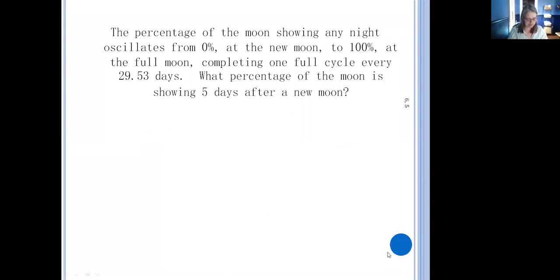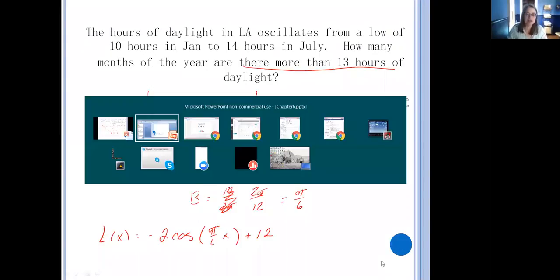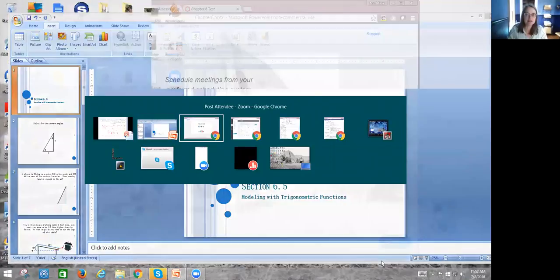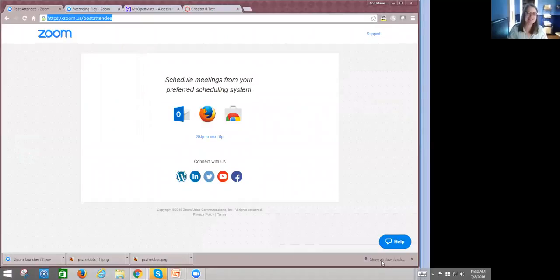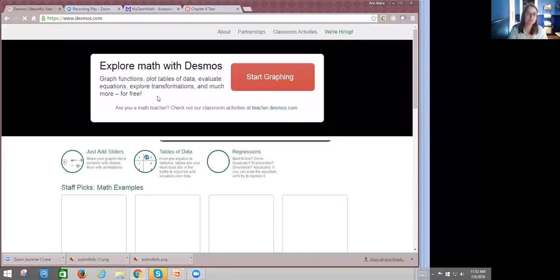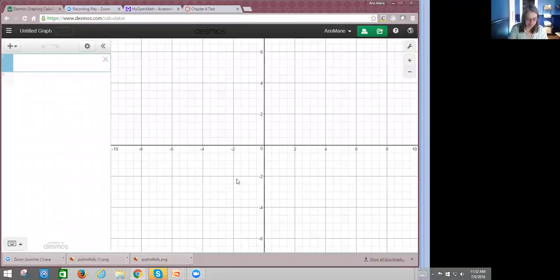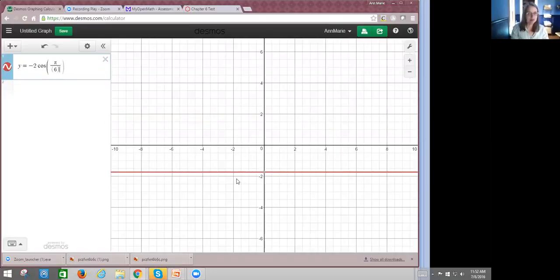Let's graph that function real quick. I've got y equals negative 2 times the cosine of pi over 6 x plus 12.